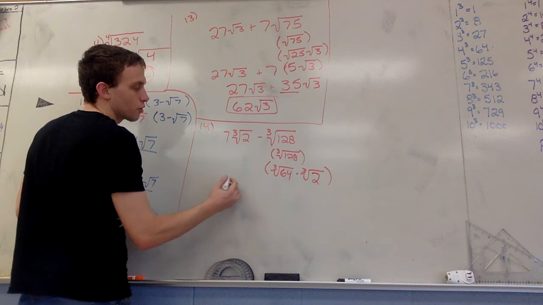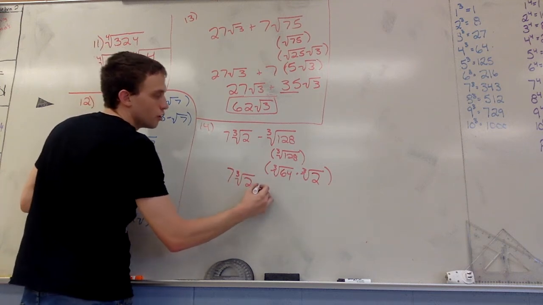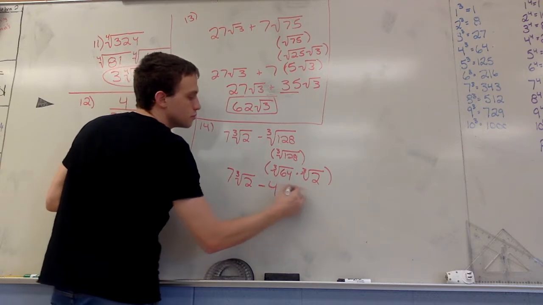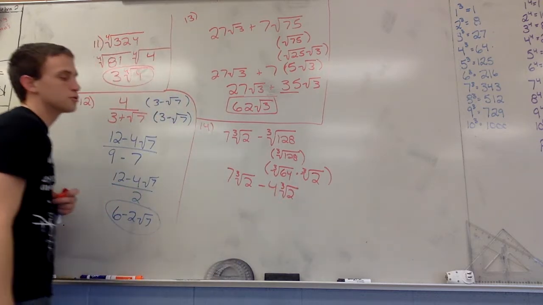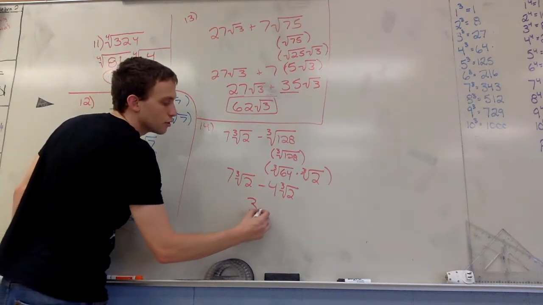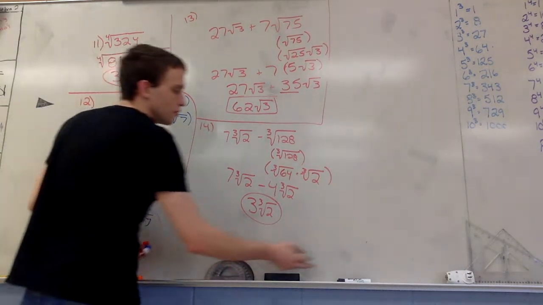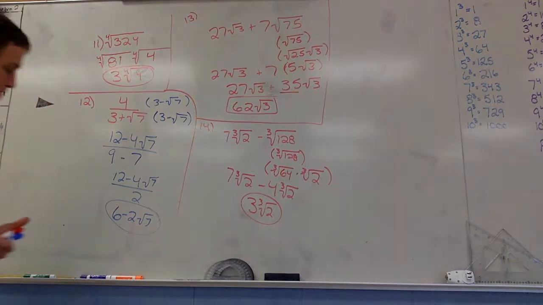So what's the cube root of 64? Ooh, that's square root. 4. So this is going to be 7 cube roots of 2 minus 4 cube roots of 2, which gives me 3 cube roots of 2. Okay.